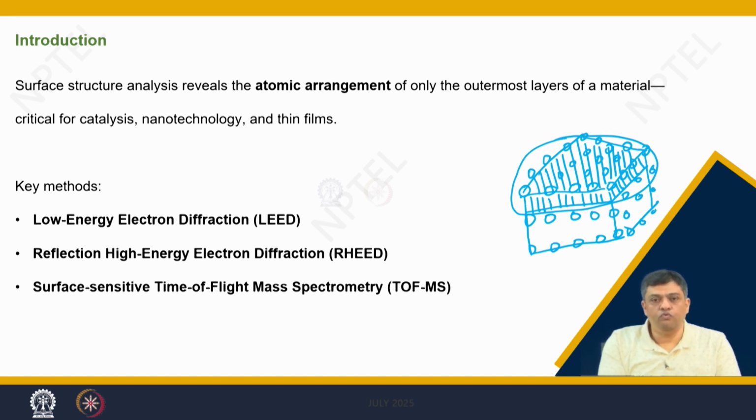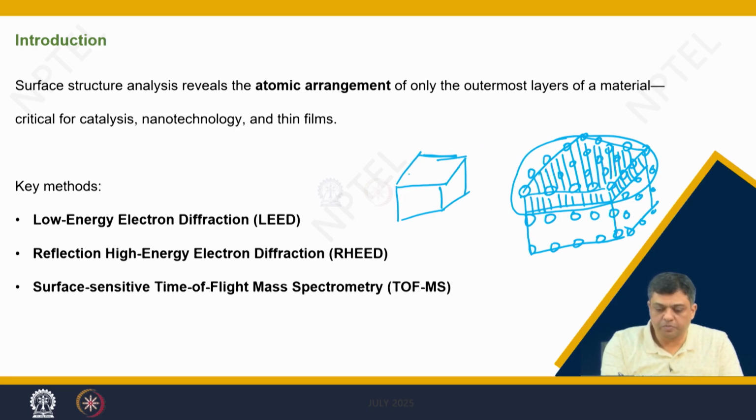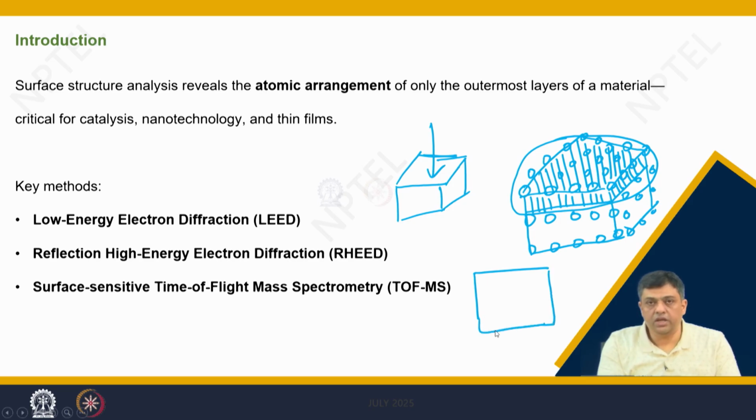Now, if you look into various types of surfaces, you can have surfaces, for example, which are very smooth. So, when I zoom this surface and take a 2D mapping, then I may find that you have particles which are very nicely arranged, or you have an array and the surface is very smooth.